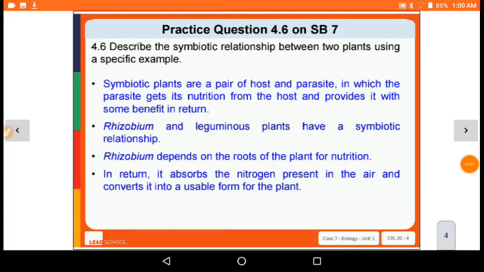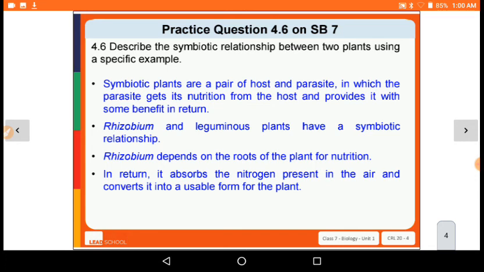Describe the symbiotic relation between two plants using a specific example. The symbiotic plants are a pair of host and parasite, in which the parasite gets the nutrition from the host and then it provides some benefit in return.